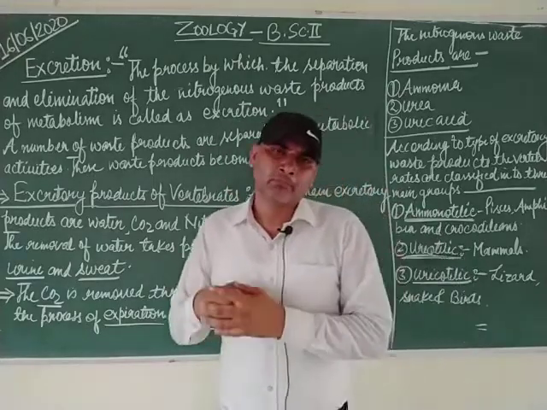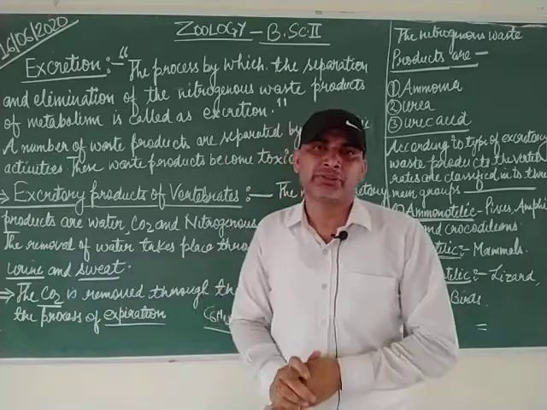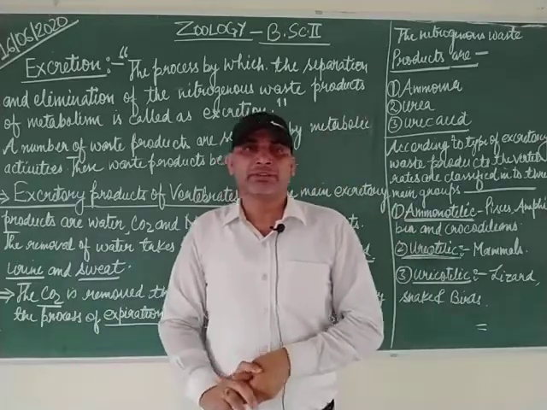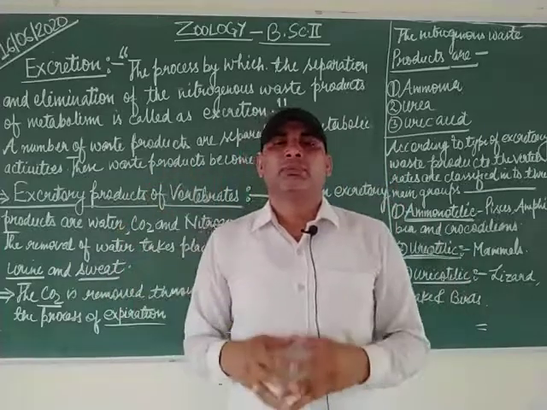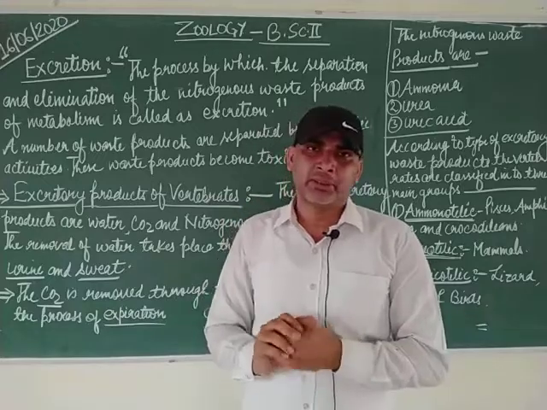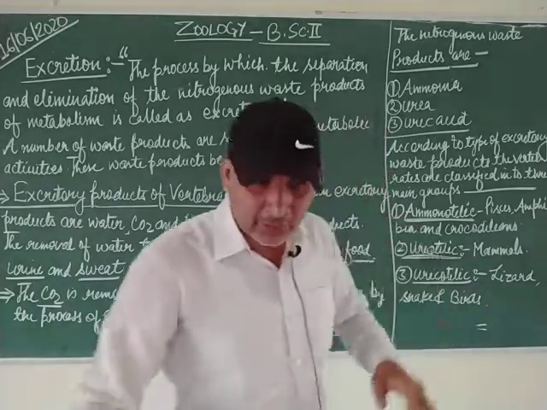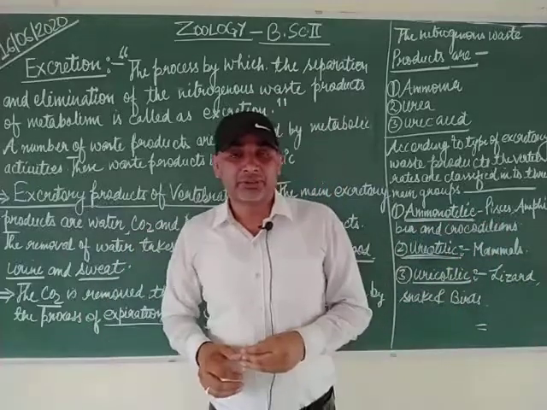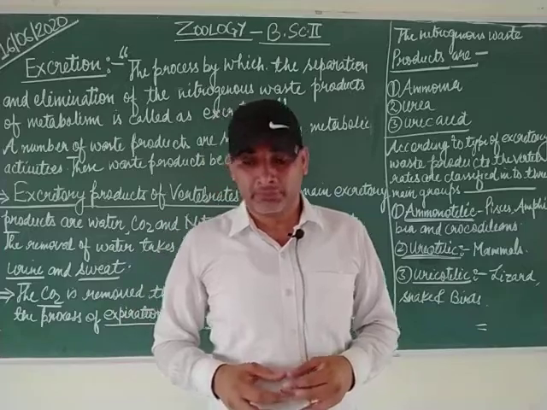During protein metabolism, the deamination process takes place in the liver cells, and the liver cells perform the deamination process. What is the mechanism during deamination, and which type of substance is formed?